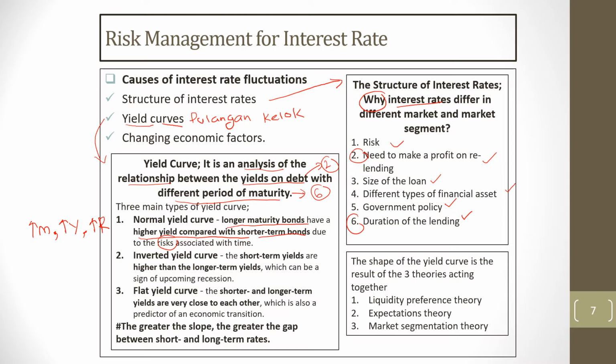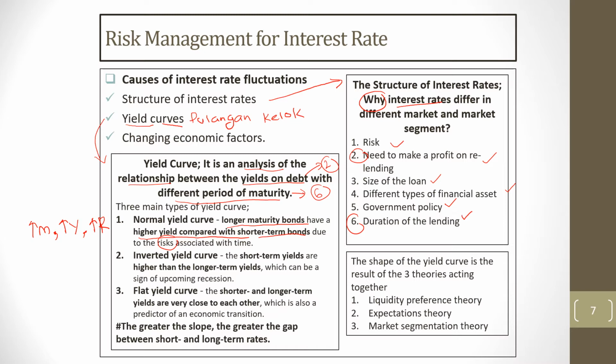Higher risk means that kita tak tahu uncertainty yang akan berlaku in the future kan. So, bila kita tak tahu apa yang akan berlaku dalam masa depan, it means that we are involved with the higher risk. Bila kita involve with higher risk, so kita punya yield ataupun pulangan akan tinggilah. Yield on debt yang kita buat tu. So pulangan itu adalah untuk normal yield curve.